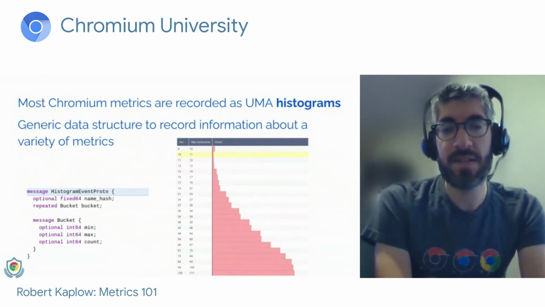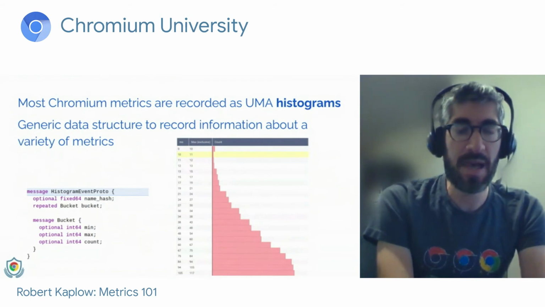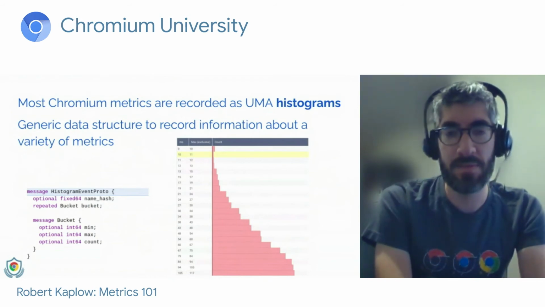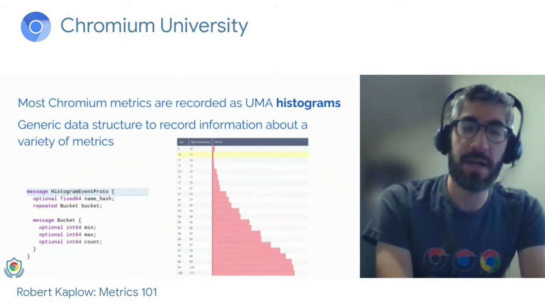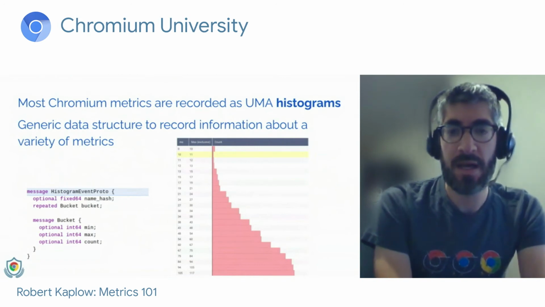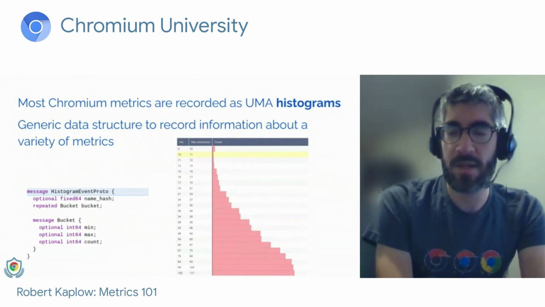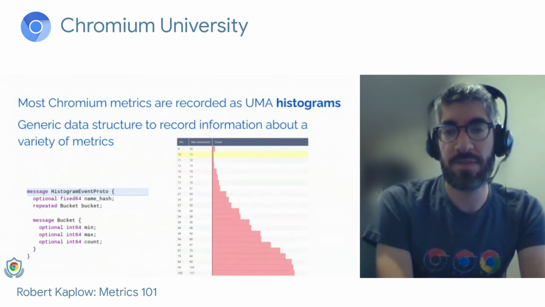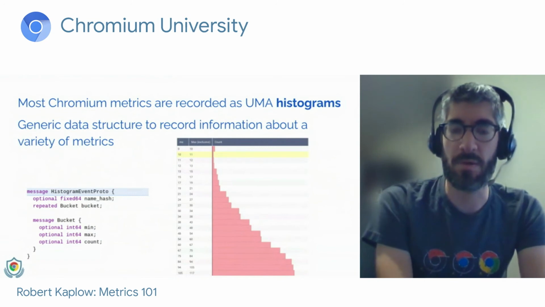And you can see this looks like the typical mathematical structure of a histogram. We have a name for the histogram. We have a repeated set of buckets, and the buckets themselves have mins, maxes, and counts. Even though this looks like the mathematical histogram, I'm going to talk a little bit later about how the data itself does not necessarily need to be numeric, although a lot of numerics are recorded as histograms.